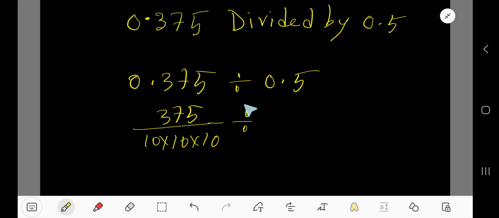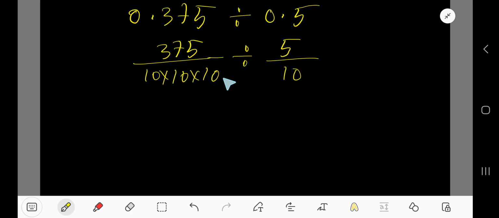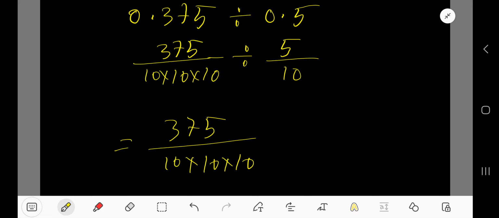Then again the same thing, write the numerator skipping the decimal, and for the denominator for every digit after the decimal you have to consider 10. Now we have two fractions, right? So 375 over 10 times 10 times 10.